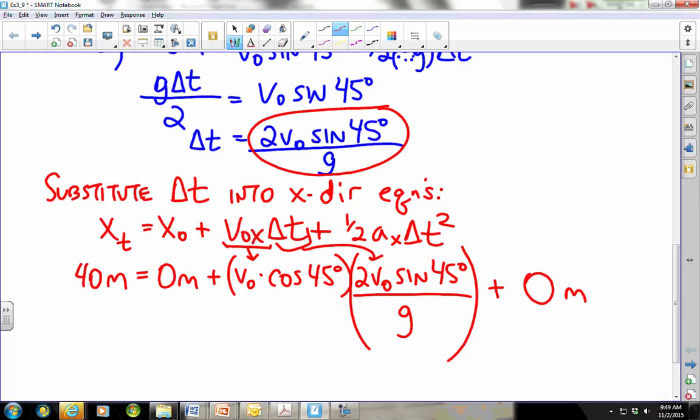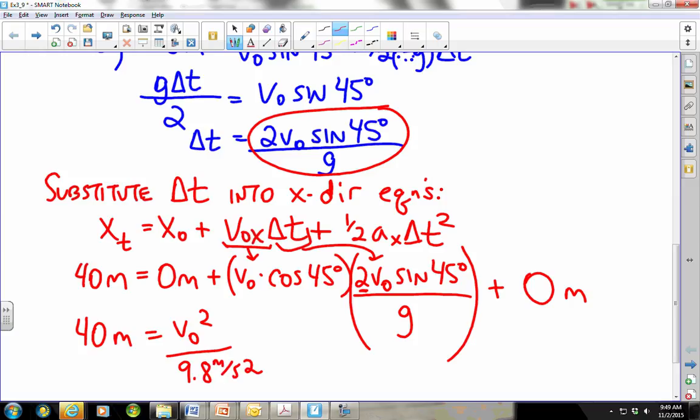Then I'm just doing algebra. If I multiply all this out, there's a 2 here, and sine 45 times cosine 45 works out to be half. So then all that goes away. I'm left with 40 equals v naught squared over 9.8 meters per second squared.